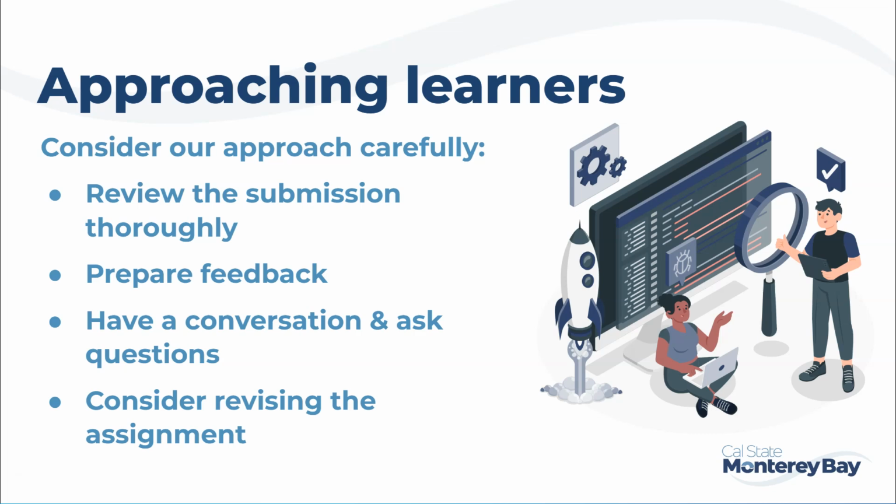So one more consideration here is whether there might be time to revise your assignment. There are many ways to revise an assignment to reduce the likelihood that students will use generative AI inappropriately. One of those strategies is to scaffold your assignments throughout the course. So consider requiring drafts or literature reviews.